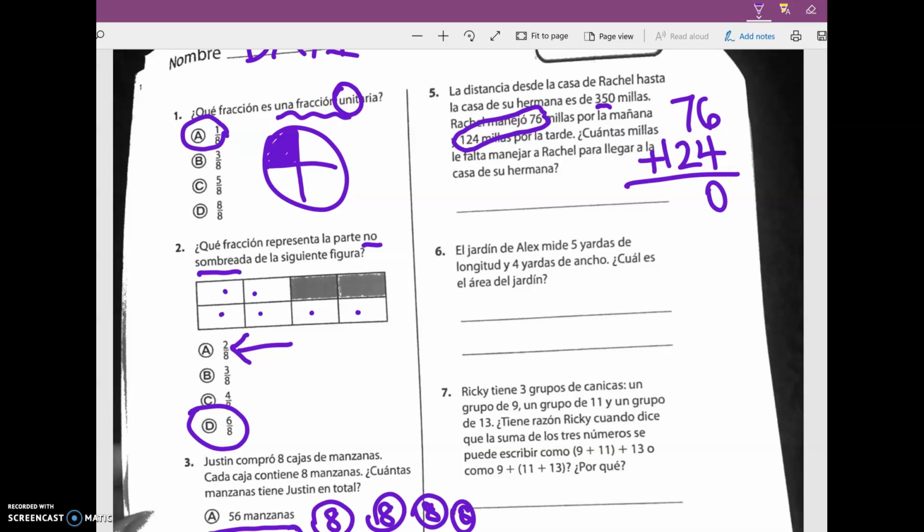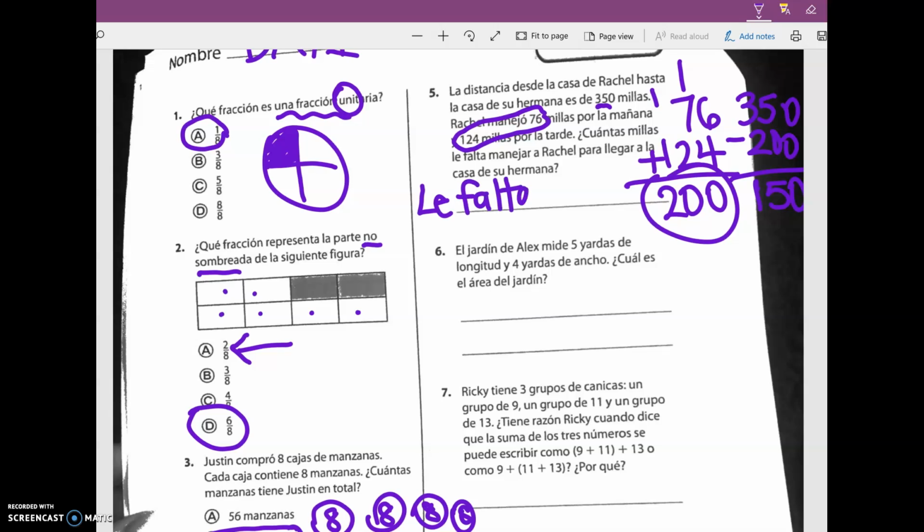Eso es 200 millas. Le falta, tenemos que restar 200 de 350. Menos 200. Entonces ahora le falta 150. Contestamos con una oración completa. Le faltan 150 millas.